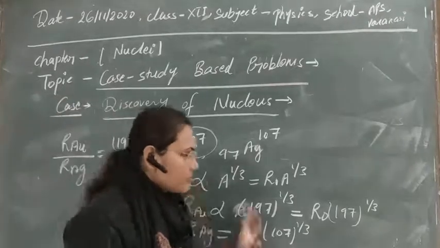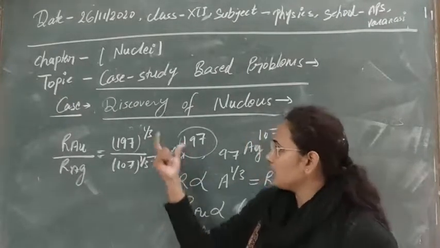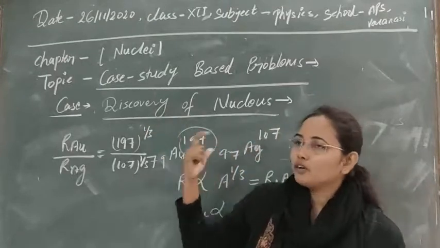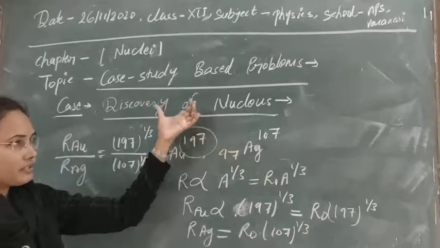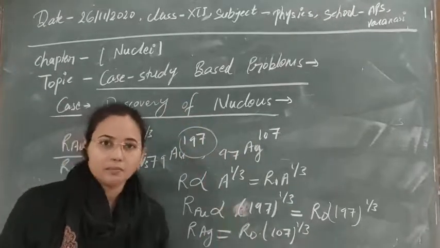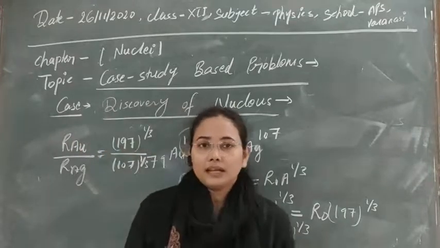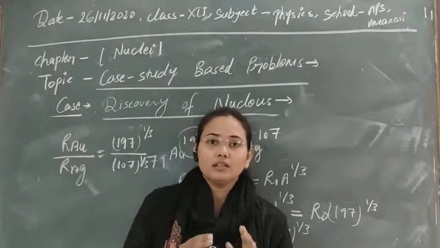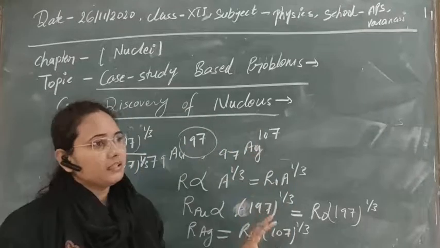In this way you have to see the formula that is based on the nuclear property. If we are talking about the discovery of nucleus, now that we have discovered the nucleus, obviously the nucleus will have some properties. So in case study problems, there can be questions based on the nuclear property. So you have to study all these things.